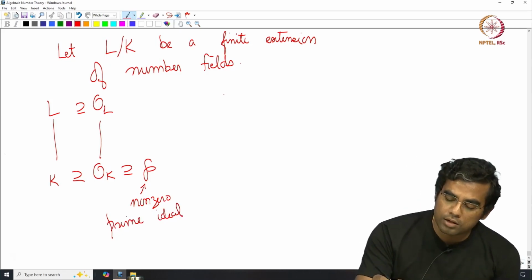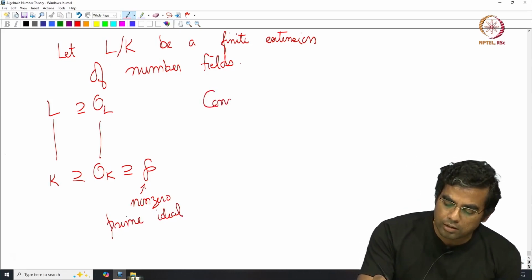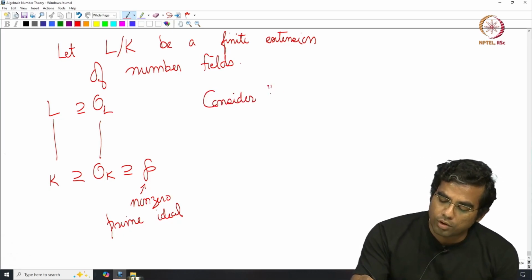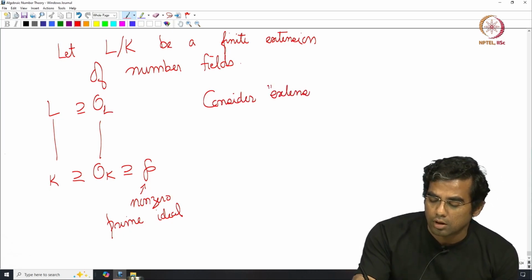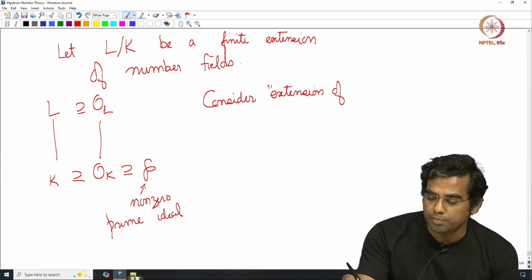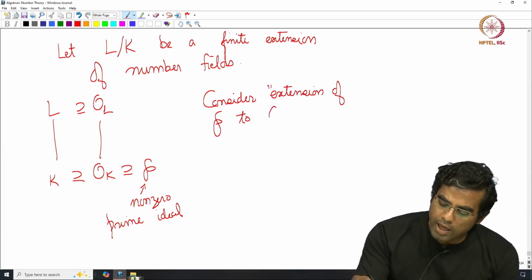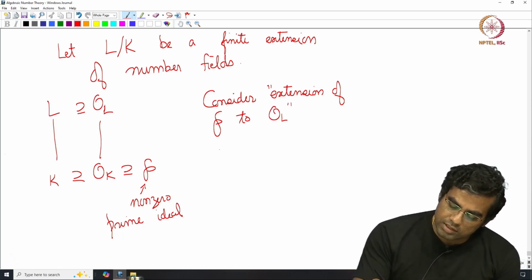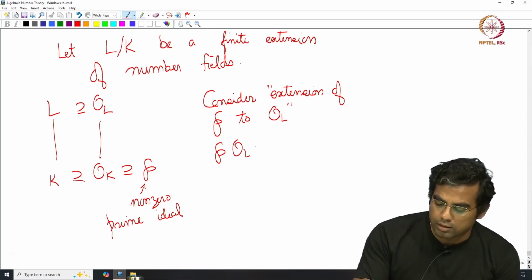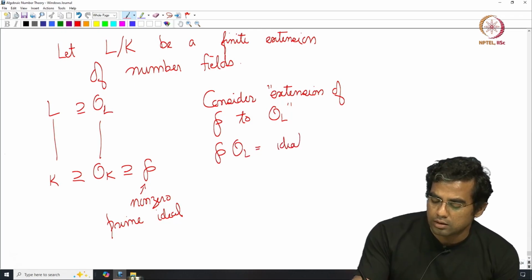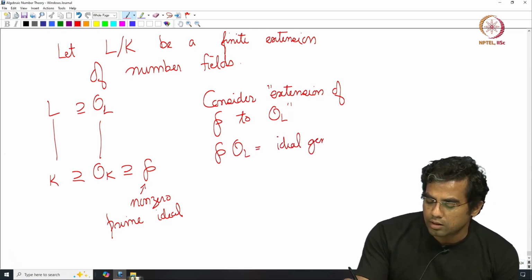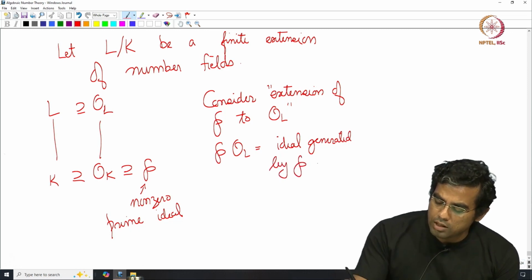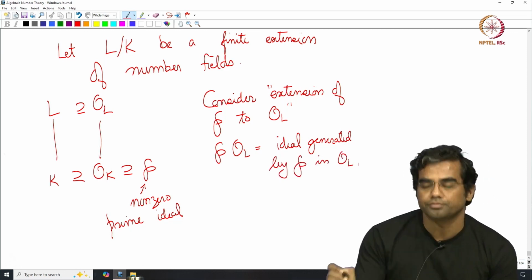Now, what I can do is I can consider what is called the extension of P to OL, right. What is this? This is P times OL, this is the ideal generated by P in OL.